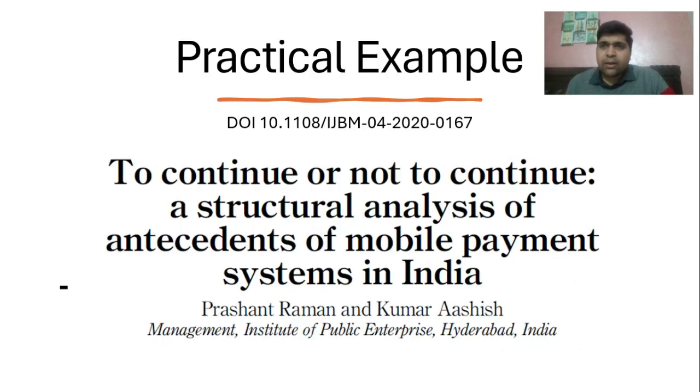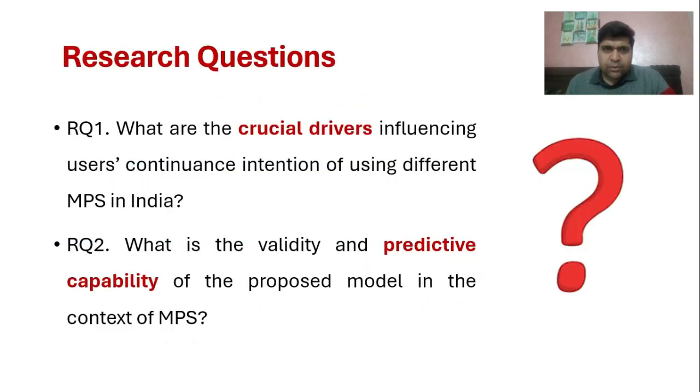Okay. Now we come to this slide. I have already shown you the research questions from the same paper. What are the crucial drivers influencing users' continuous intention of using different MSPs in India? So first research question is, we want to know what are the crucial drivers.